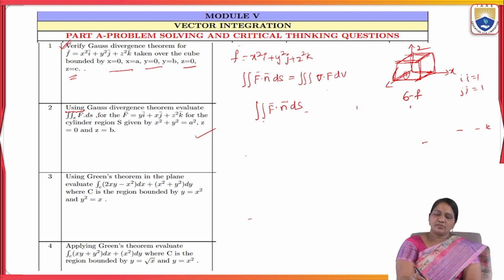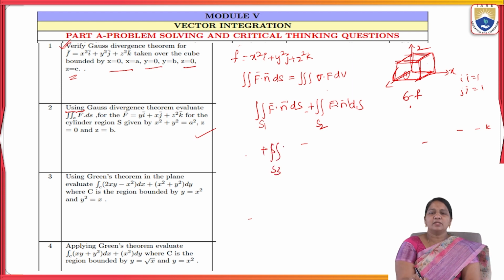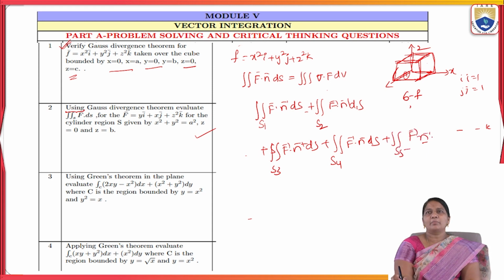So for the six faces we have to calculate the double integral over S1, plus the double integral over S2 of f bar dot n bar ds, plus over S3, plus over S4, plus over S5, and the double integral over S6 of f bar dot n bar ds.